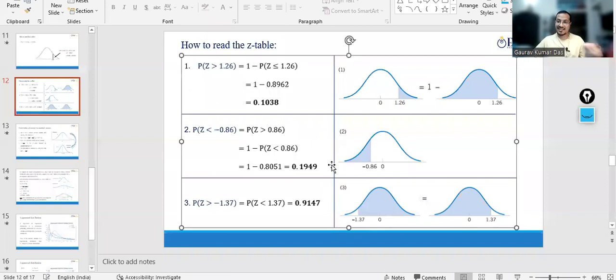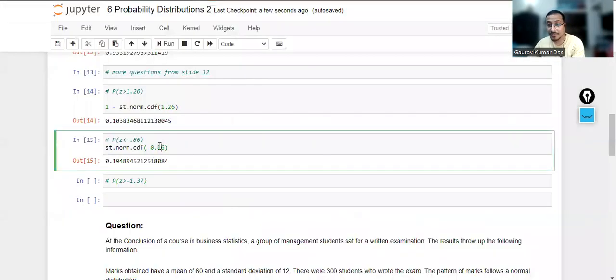Unlike the positive table, where we had to convert to the positive side and again subtract, which is a lengthy process, here it can take in negative values as well. Of course, we have a Z negative table, but you have to keep referring to it separately to calculate Z less than a negative value. But here, one single function can tackle both positive and negative values of Z.